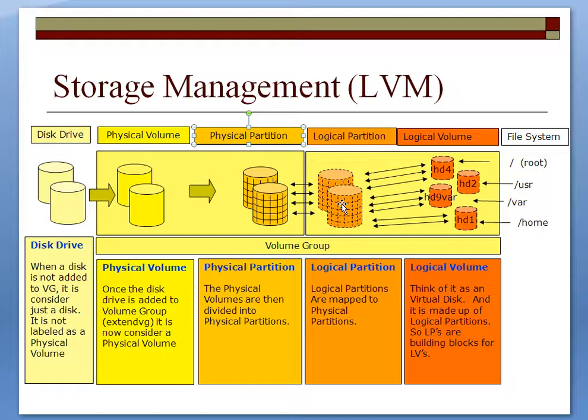These logical partitions and logical volumes are virtual, and this is what gives LVM in IBM that robustness and flexibility to expand the file system without recreating it, and to reduce and shrink the file system without recreating it.